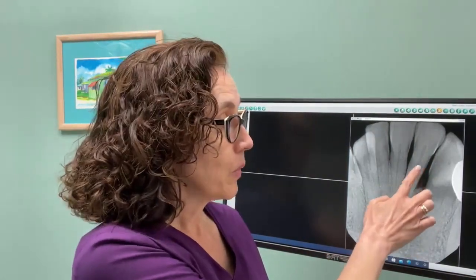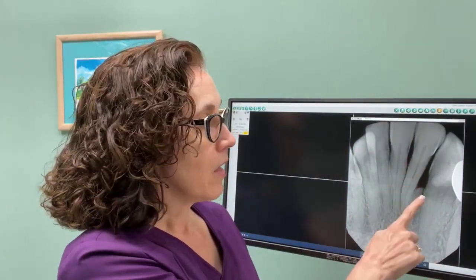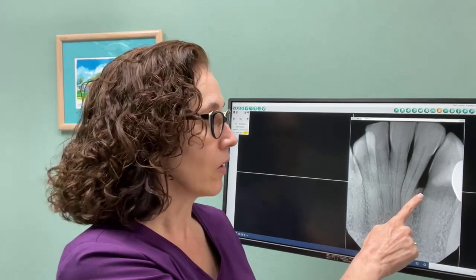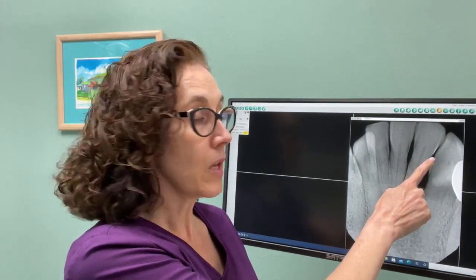For example, on this tooth, you can see there's a lot of bone loss on the back side of this tooth. This is the top part of the tooth. You have the root here, and then this right here in between the roots of the tooth, that's bone. The top of the bone is right here, but the bone used to be all the way up here at one time. So that's a lot of bone loss on the back side of that tooth.